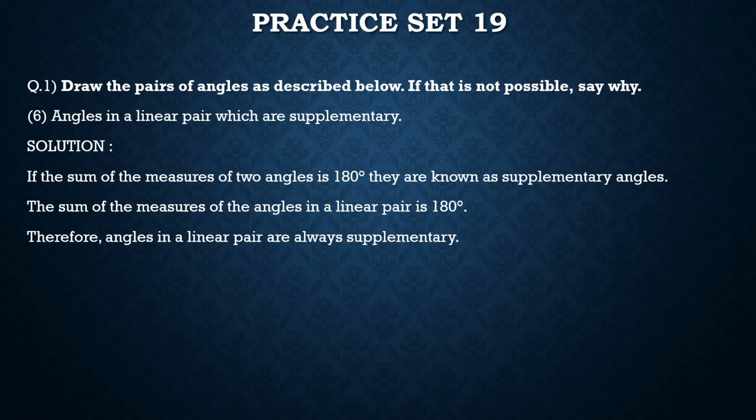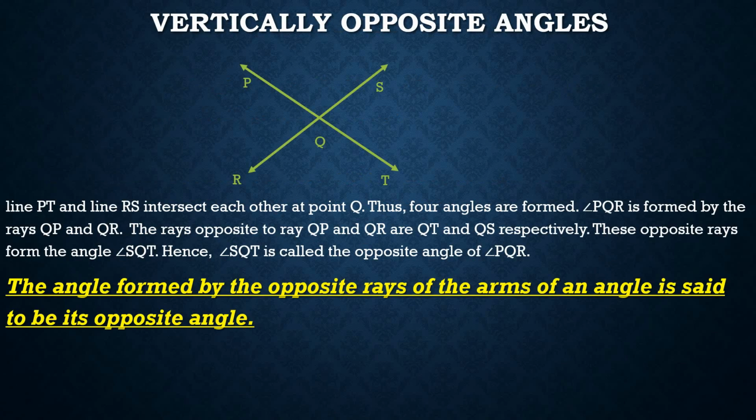Vertically opposite angles. We can see line PT and line RS intersect each other at point Q. Thus, four angles are formed, namely angle PQS, angle SQT, angle TQR and angle RQP. Angle PQR is formed by rays QP and QR.